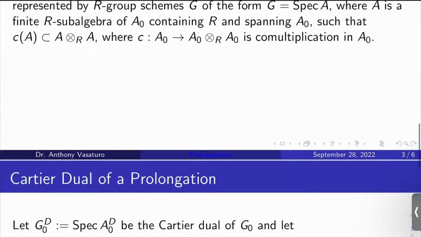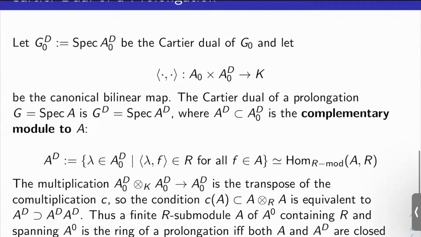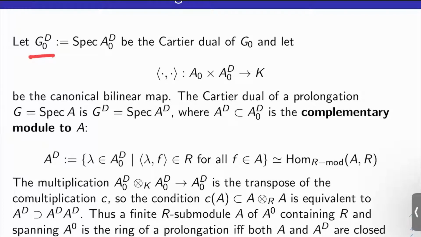Okay. So how about Cartier duals of prolongations? Okay, so we'll let GD0 be spec of AD0, and that'll be the Cartier dual of G0. And we'll let bracket from A0 times AD0 to K be the canonical duality bilinear map from last video. So what's the Cartier dual of a prolongation then? Well, let's call the prolongation G equals spec A, and we'll call the Cartier dual GD, and it'll be spec of AD.